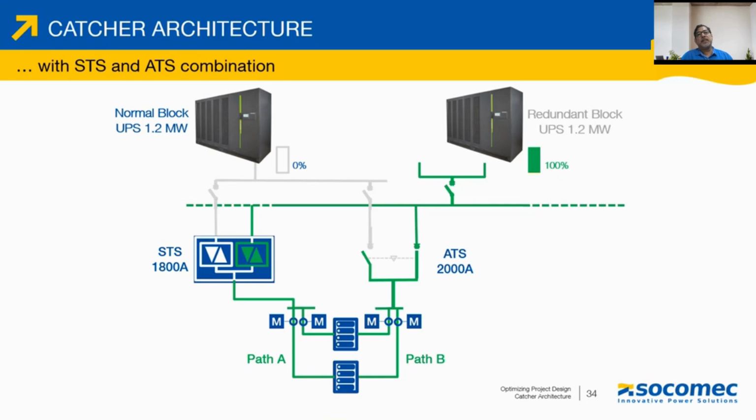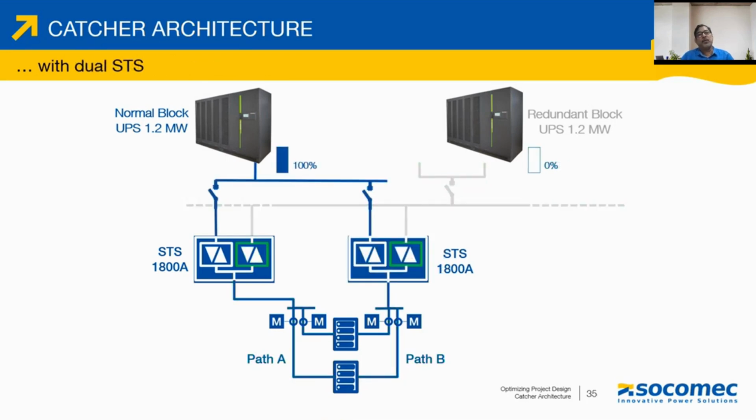So the ATS will still operate, although with some defined delay, and extend the catcher supply to path B as well. So this is a typical implementation of the catcher architecture using ATS and STS in combination.